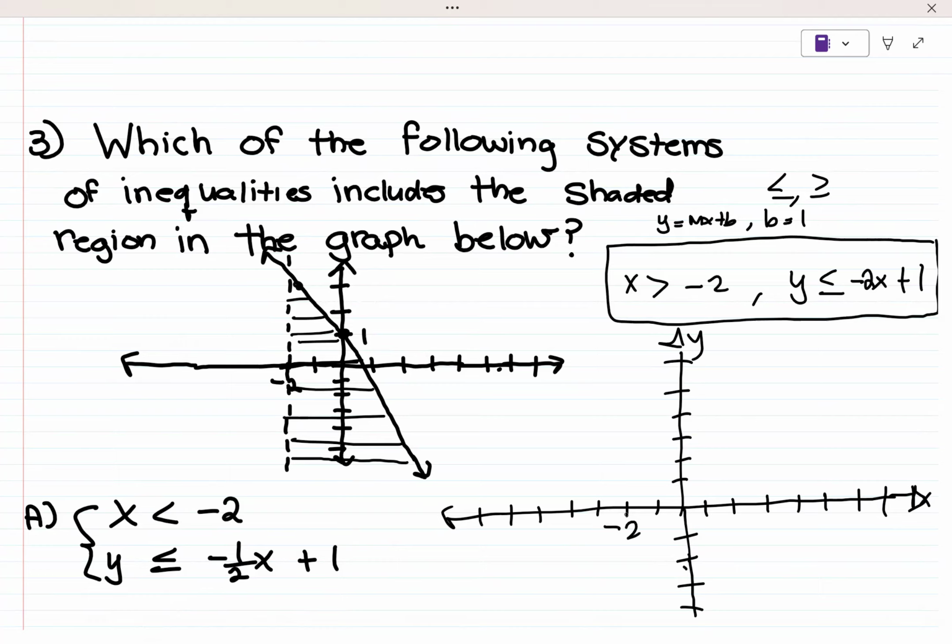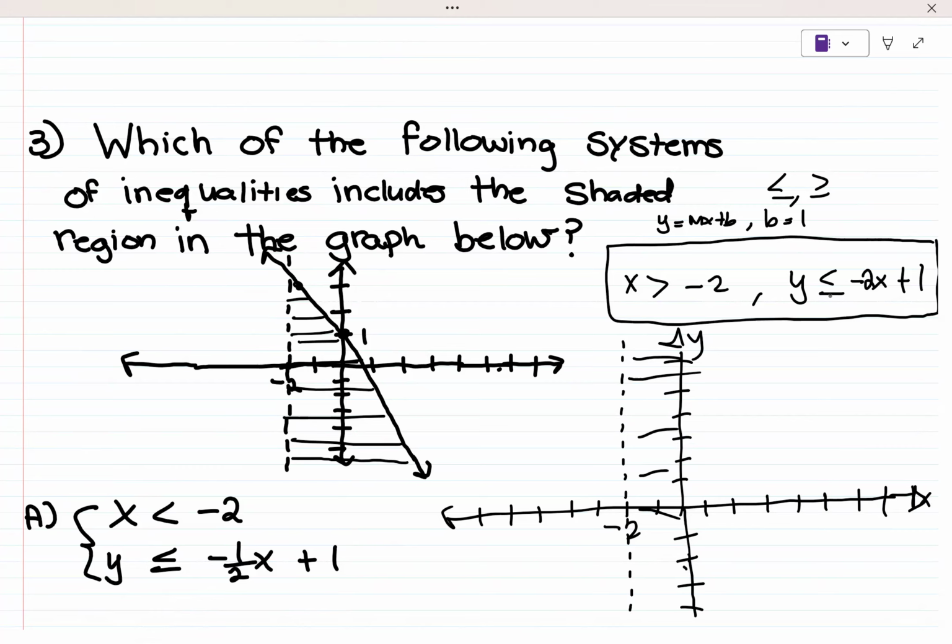There's -2. It's going to be a dashed line. And then it says greater than. So you just follow the symbol. So if it says greater than, you make that arrow to the right.